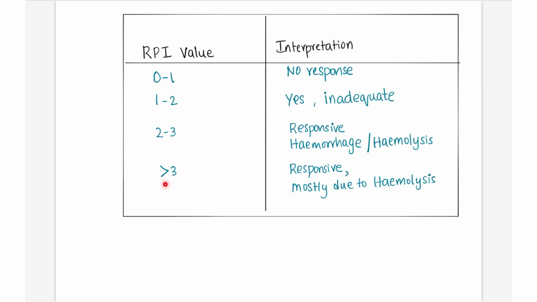If the RPI value is more than 3, we know that it is responsive, and we also know that it can only happen in hemolytic anemias. So whenever you are dealing with immune mediated hemolytic anemia cases, the RPI value will always be above 3.